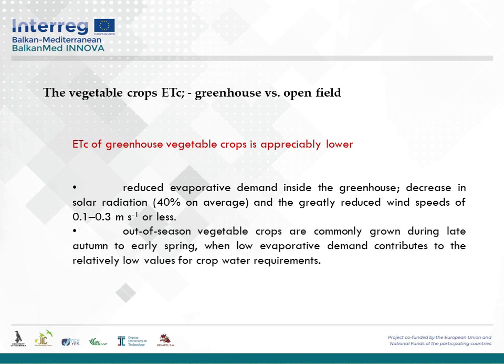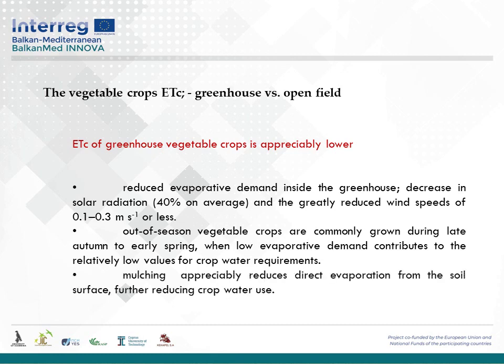Secondly, the out of season vegetable crops are commonly grown during late autumn and early spring, when there are low evaporative demands, and because of that there will be relatively low values for crop water requirements, and this is very easily understandable.